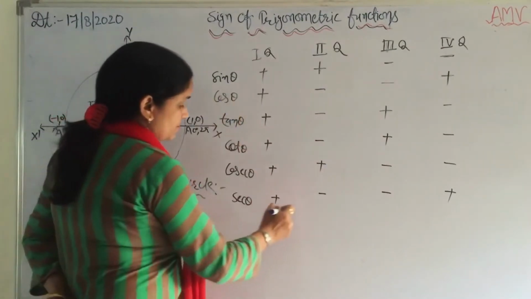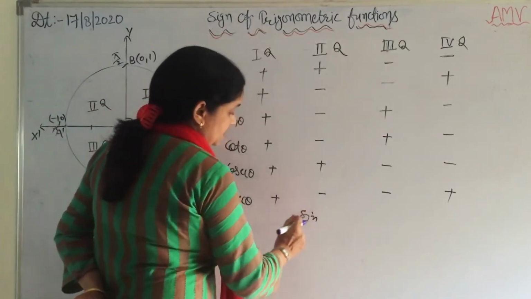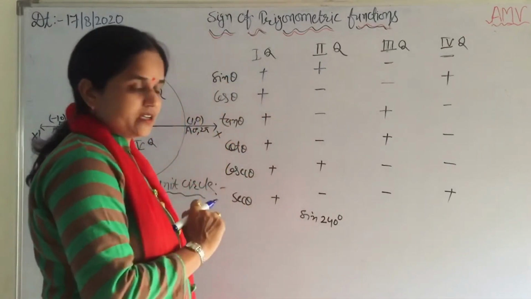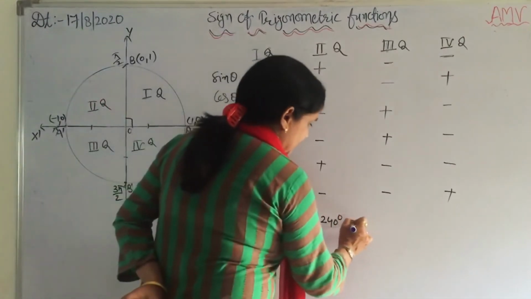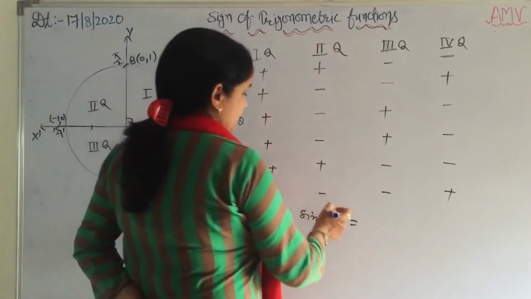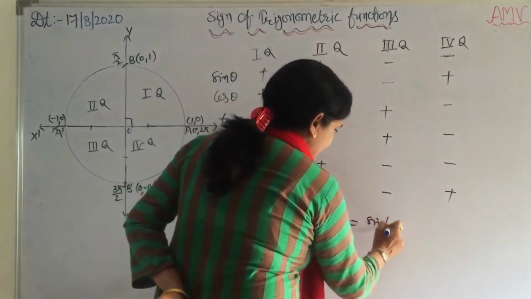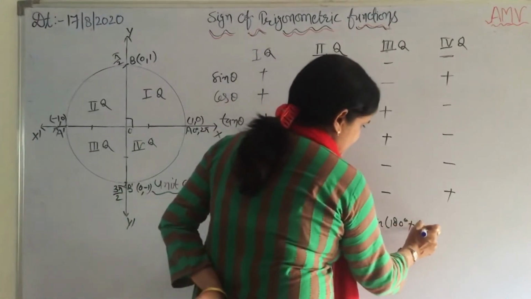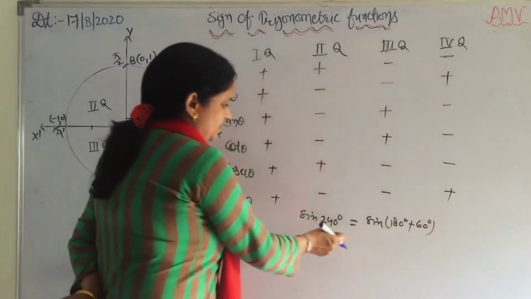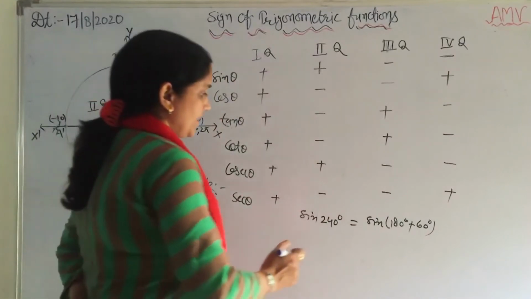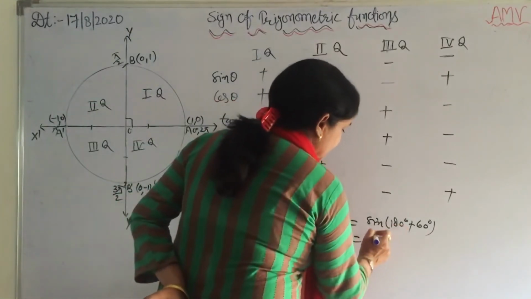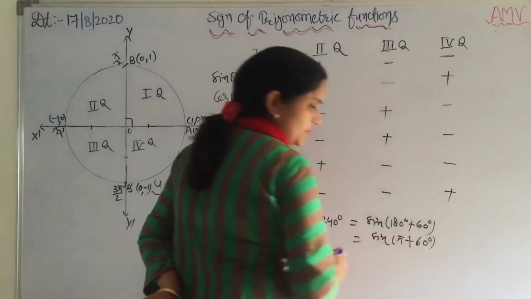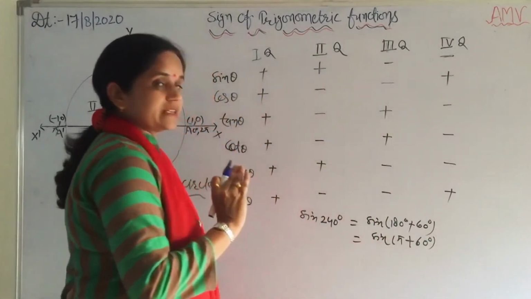Suppose you have to find the value of sine 240 degrees. How to find sine 240 degrees? We can write it as sine of 180 degrees plus 60 degrees, which becomes 240. Now 180 degrees in radians is pi, so it's pi plus 60 degrees.